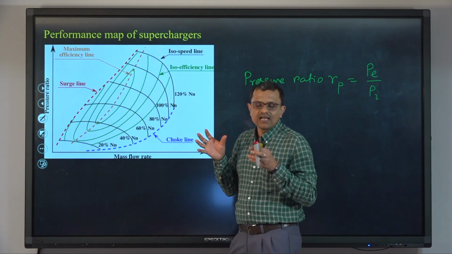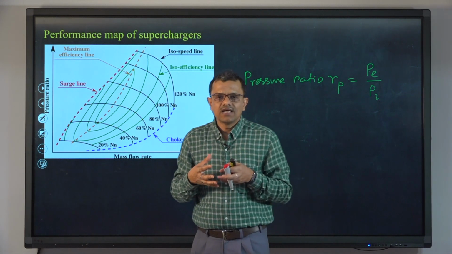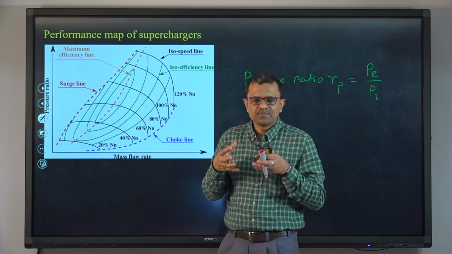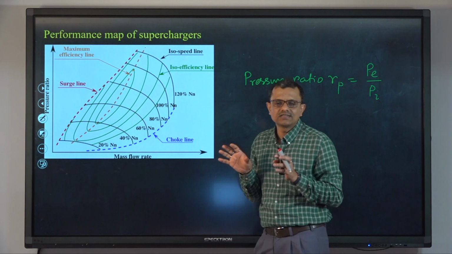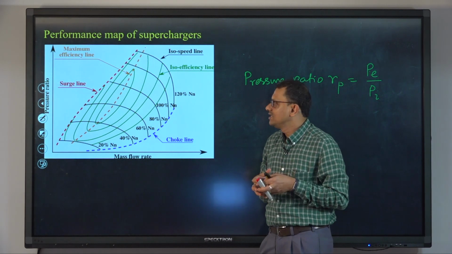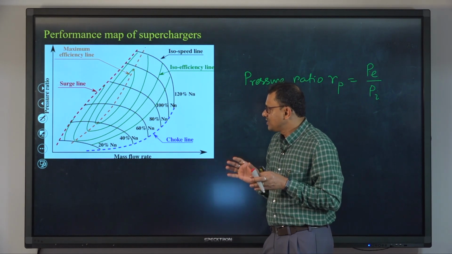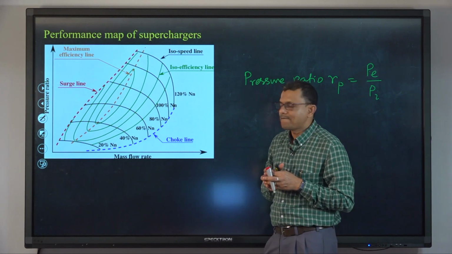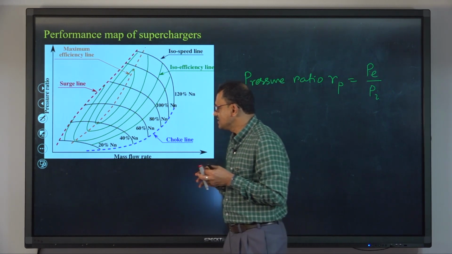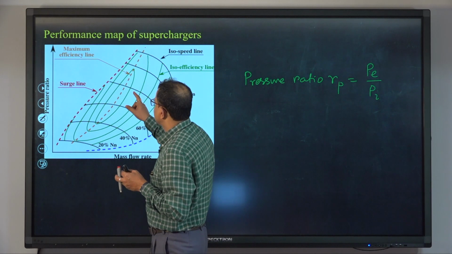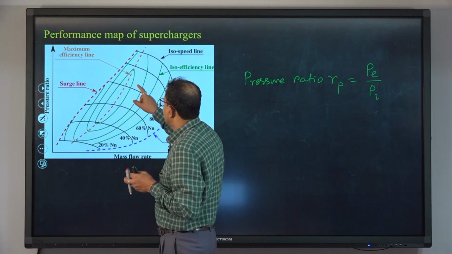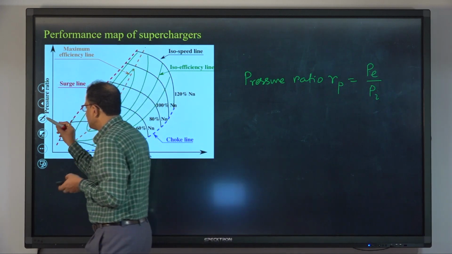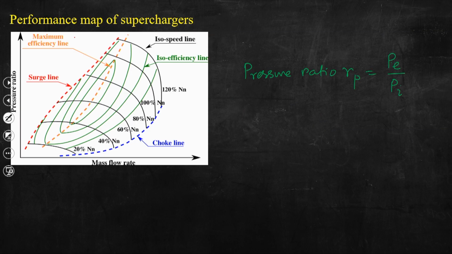If we can collate all the data and represent all this data, the map which will be obtained is known as the performance map. So, if we look at this performance map carefully, we can see that in this map there is a maximum efficiency line. So, if we mark this, this is the maximum efficiency line that we can see.